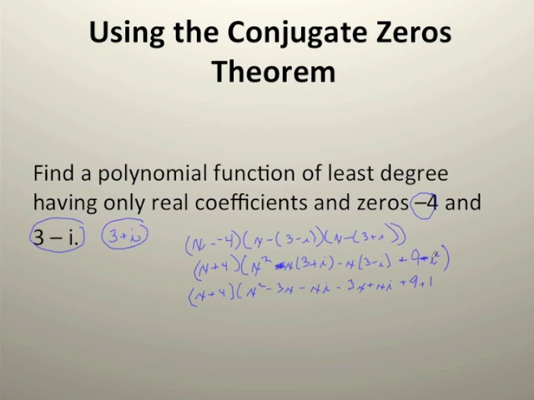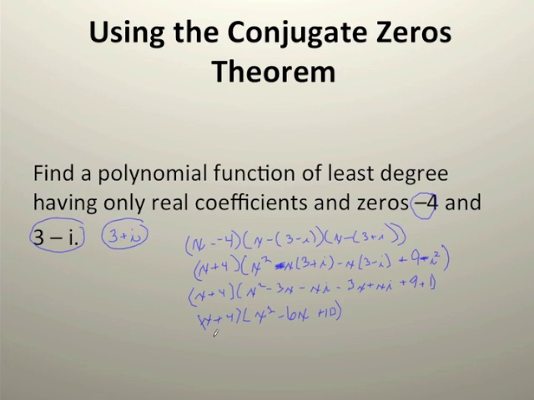Remember, i squared is negative 1, so negative that would be a plus 1. Combining like terms, we will get x squared minus 6x. The xi's go out, plus 10.